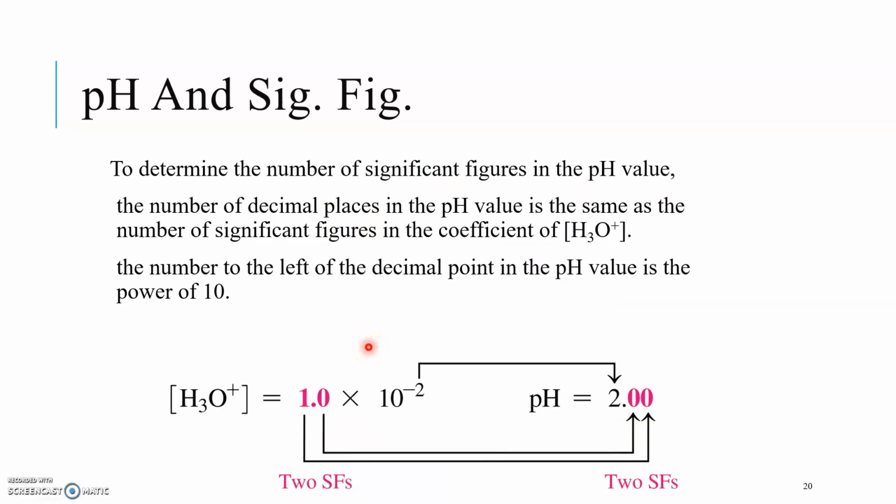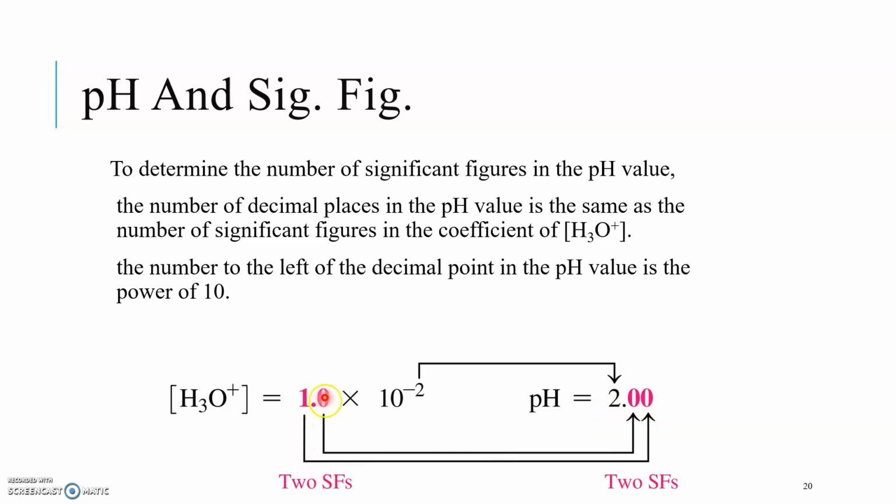Now, how to count significant figures in the case of pH. So remember, pH is a log scale. So when I take the negative log of this number and I get 2.00, the numbers to the left of the decimal point actually correspond to the power of 10. And then the numbers after the decimal point come from the coefficient in that scientific notation number. Therefore, when I count the significant figures for the pH, I only start counting the numbers after the decimal point.